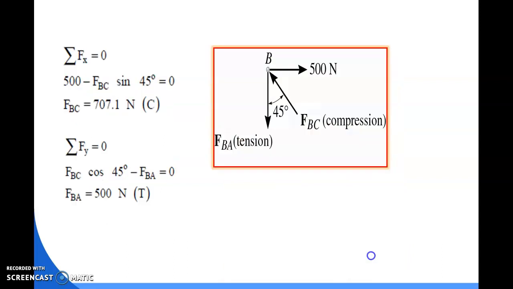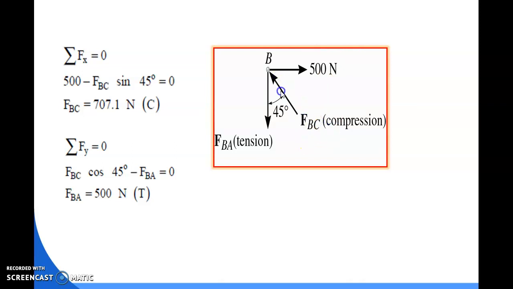Now comes the analysis part. To analyze the member forces, we have to apply the equations of equilibrium, that is, summation of Fx equal to 0 and summation of Fy equal to 0. First, summation of Fx equal to 0, that is, the summation of horizontal forces is equal to 0. You can see the horizontal forces: one is 500 Newton and another is FBC, which is the inclined member.